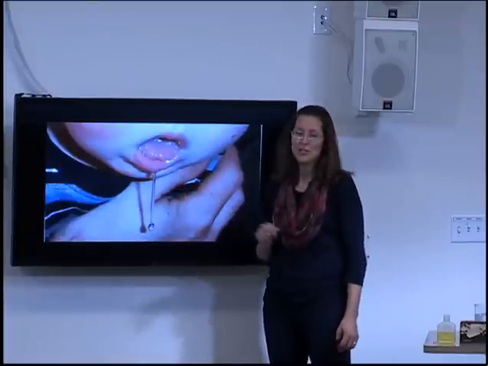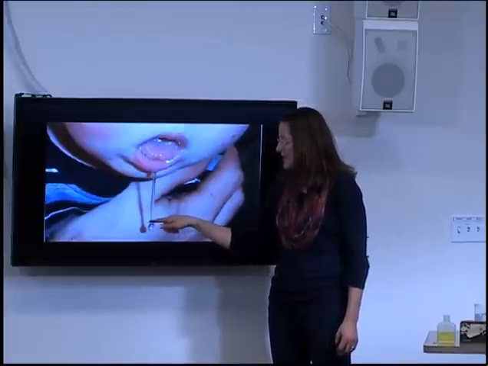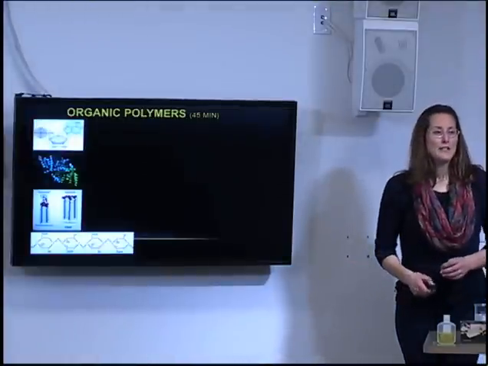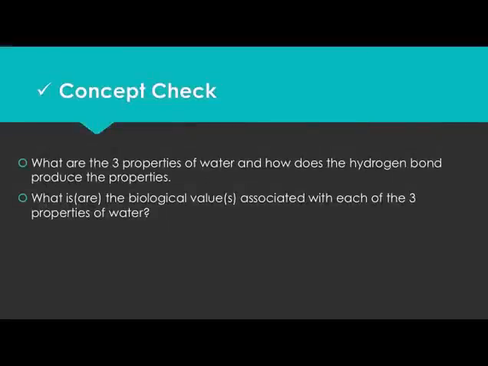You have adhesion to the lip, and you have surface tension that is creating a ball at the bottom. It's a little bit elongated because of gravity, but all the molecules of water at the air-water interface are being pulled in, and so you get a ball. All right, so that concludes our section on water.